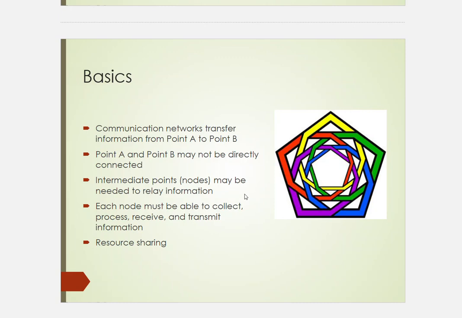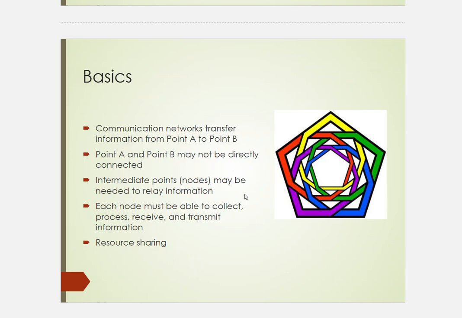Point A and point B may not be directly connected, but they are still connected indirectly, meaning you've got to go through a C or a D to get to B. Just because we have them A, B doesn't necessarily mean they are directly connected. We may have to go through some intermediate point or node to get there.